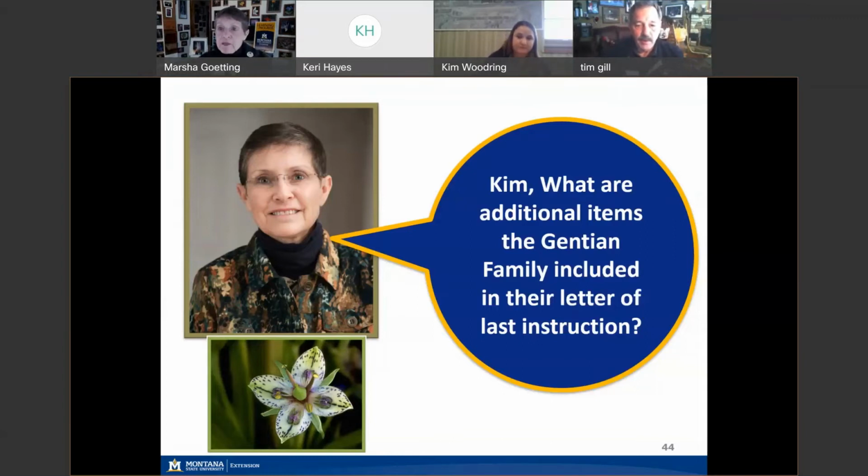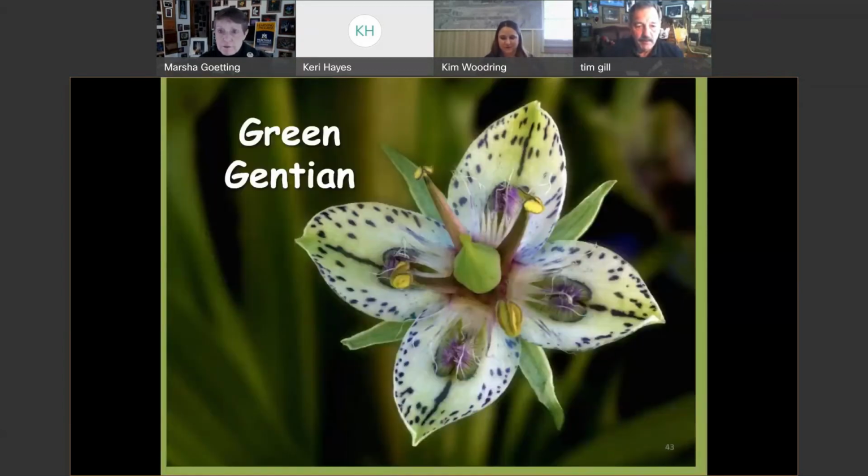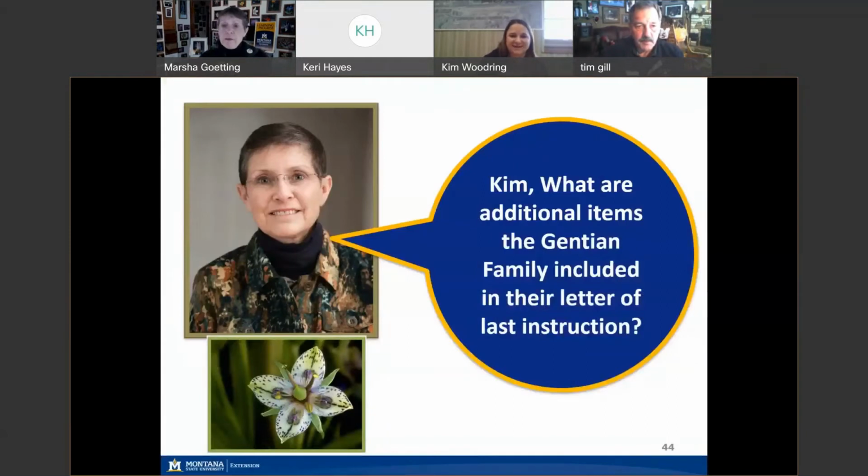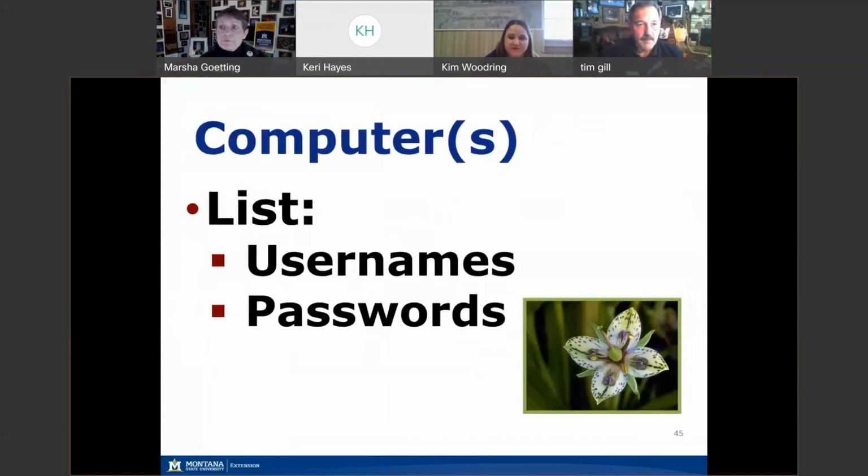All right. So, Kim, what are some additional things the Gentian family included in their letter of last instruction? Some of the items that they need to include are a list of usernames and passwords for the computer.